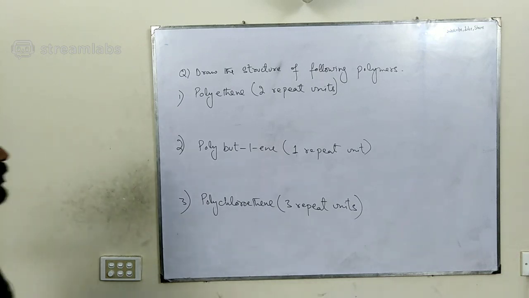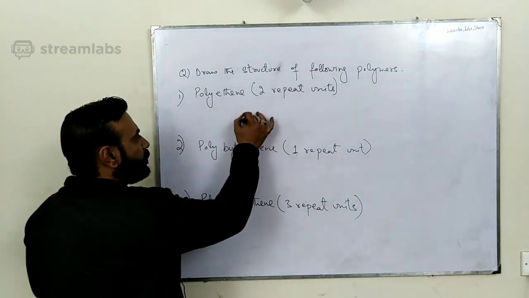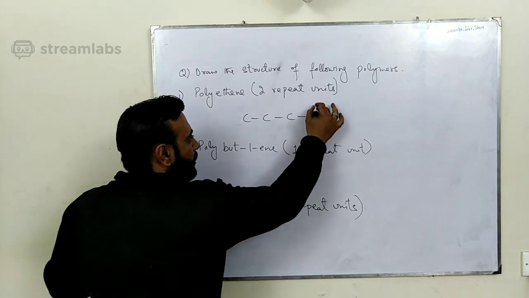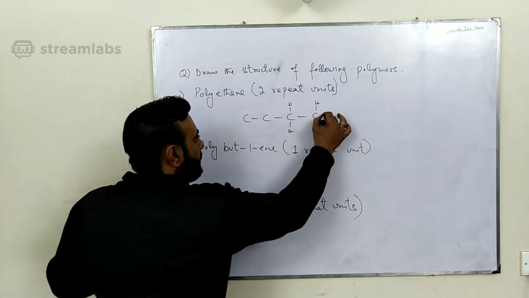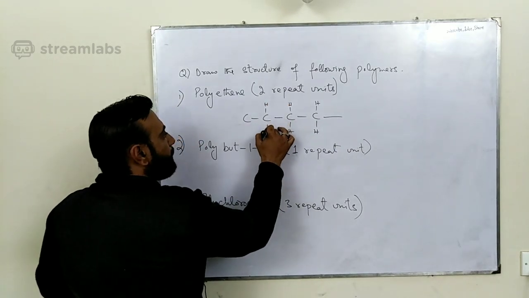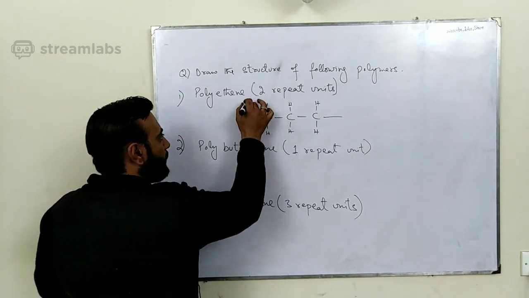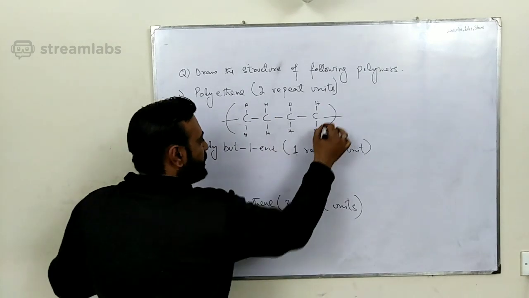Okay, now I'm going to go for the answers. Polyethene, 2 repeat units. This is the structure.